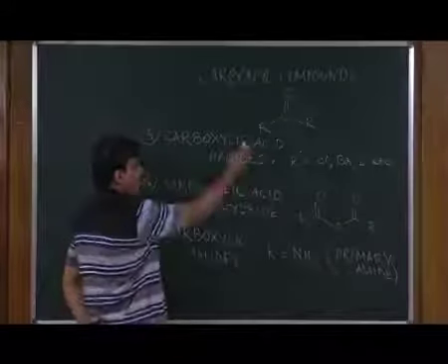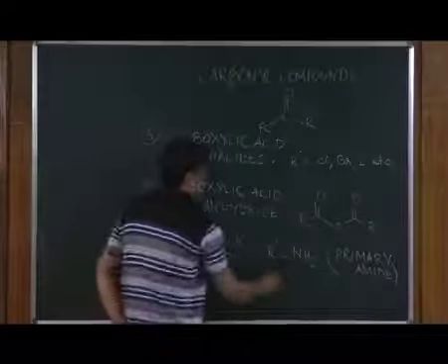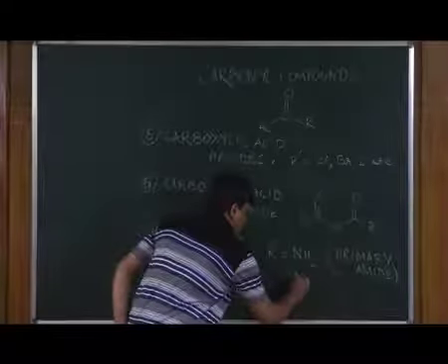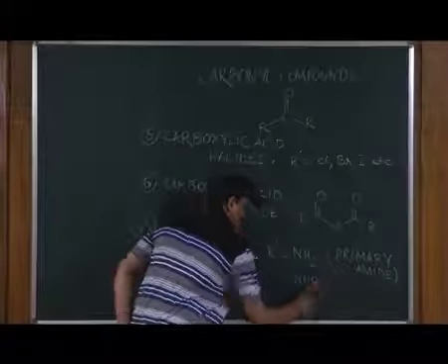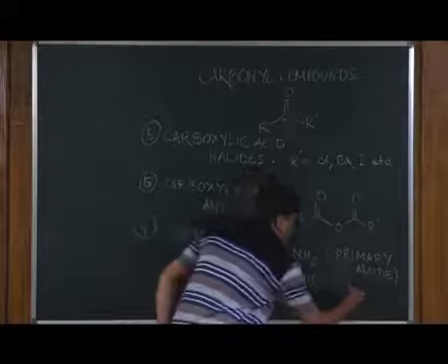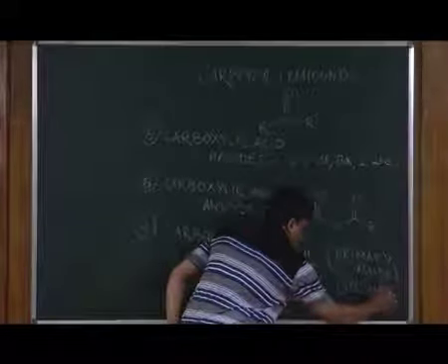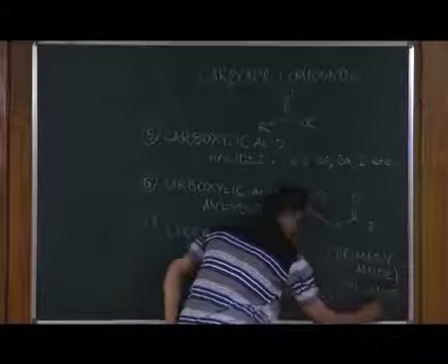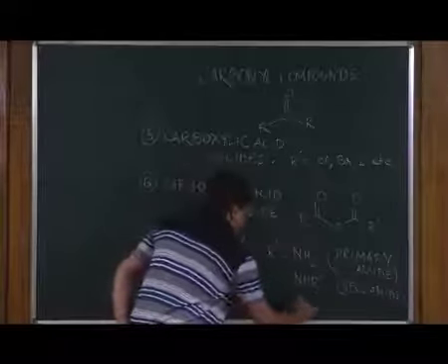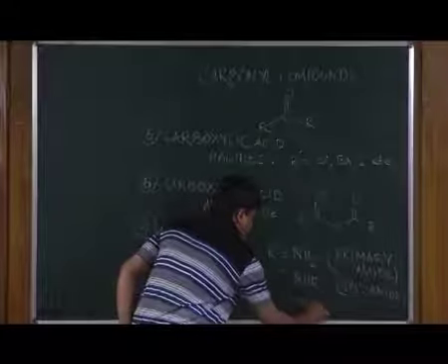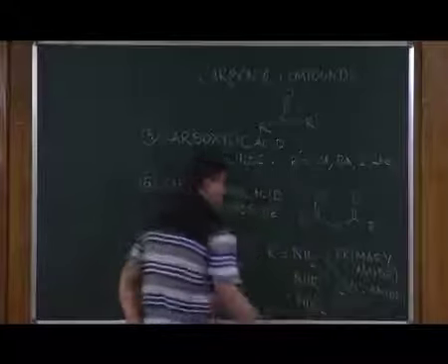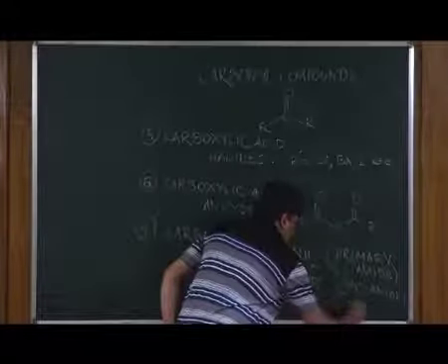Here R dash, when it is NH2, then it is called primary amide. When it is NH R dash, then it is called secondary amide. And when it is N R dash 2, then it is called tertiary amide.